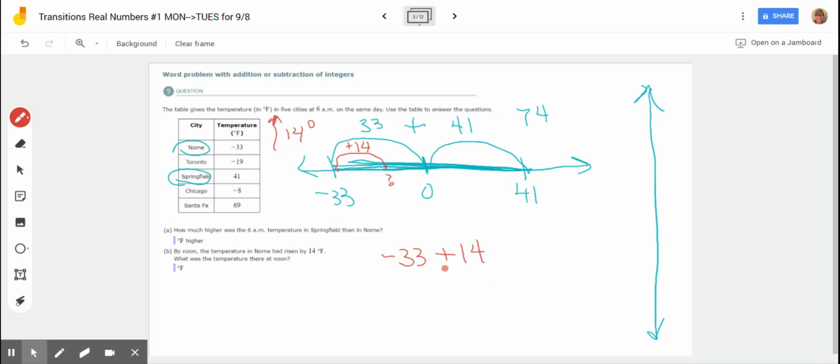Those are different signs, so we're going to subtract. 33 minus 14: 13 minus 4 is 9, so 19. -19. Subtract and keep the sign of the larger absolute value, 33.